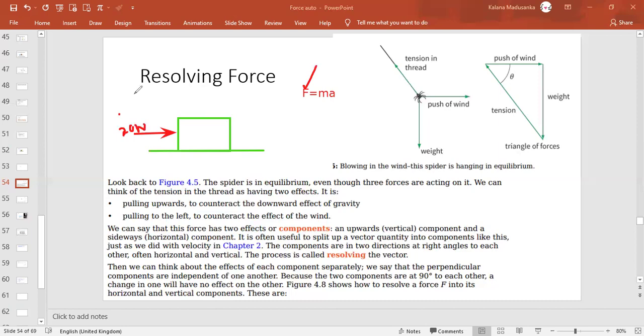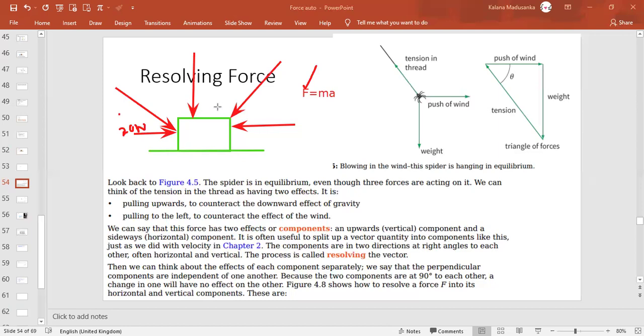Now we need to resolve forces where we have to deal with a force system. A force system means, let's say, another force applied in this direction, another one in this direction, another one pushing in this direction, and another one applied in this direction. For the same object, you can see now how many forces are applying: 5 separate forces.